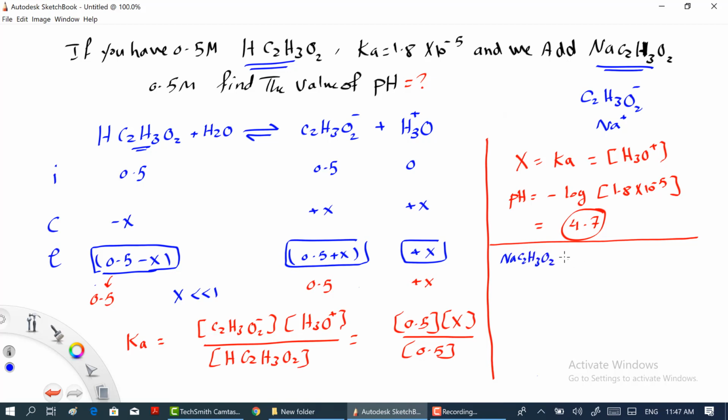We are going to NaC2H3O2 plus water. So firstly, for the sodium salt, the initial concentration will be 0.5 subtract x. The initial concentration for the salt state will be 0.5 plus x. For the sodium it will be 0.